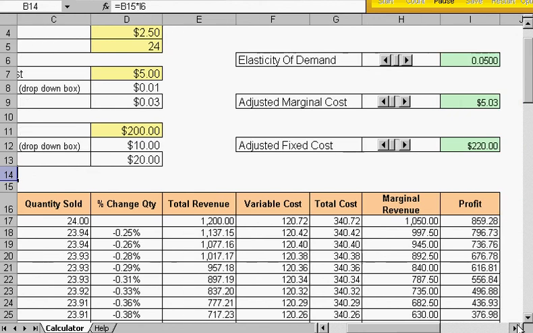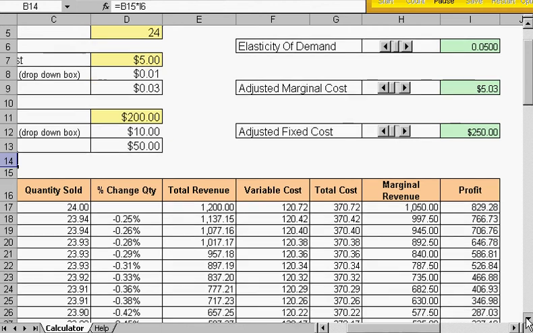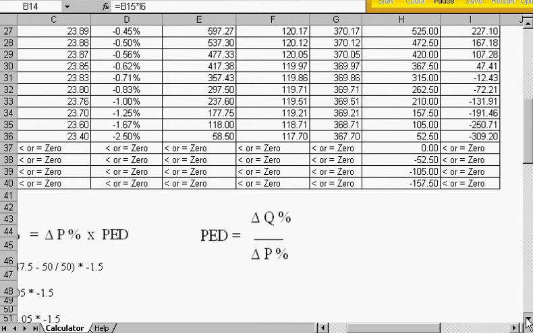They're not related. And we can see here too that the adjusted marginal cost has no effect on quantity sold. There is no relationship. Yet it does have an effect on the profits, because obviously as costs go up and down, so does your profitability. Of course, we always want lower costs. This way our profits go up.